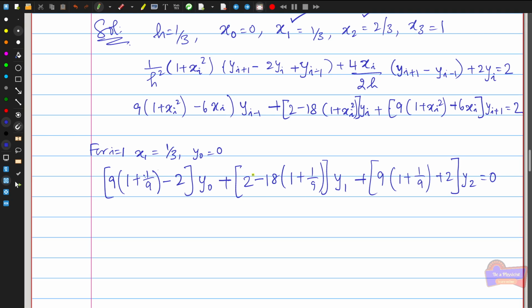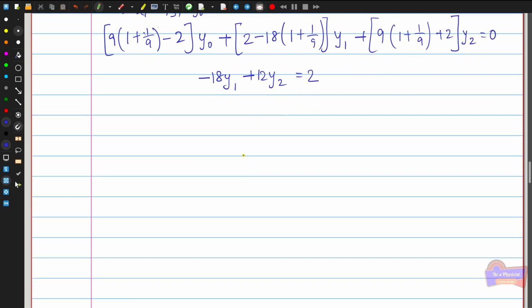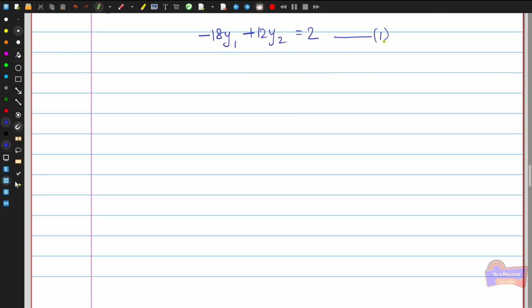Further simplifying this equation, I get minus 18 times y1 plus 12 times y2 which is equal to 2. So this is the first algebraic equation I got.